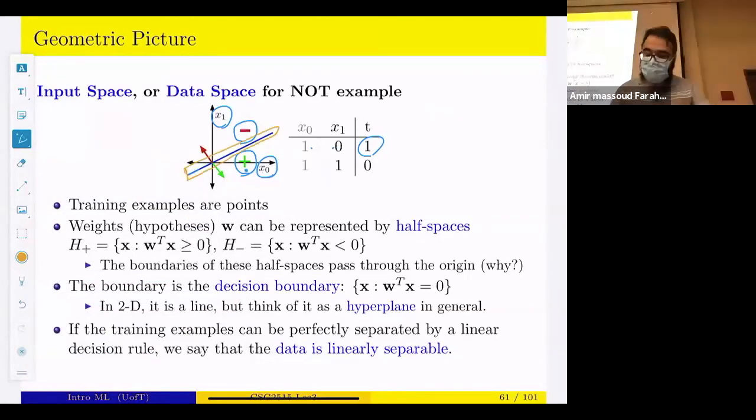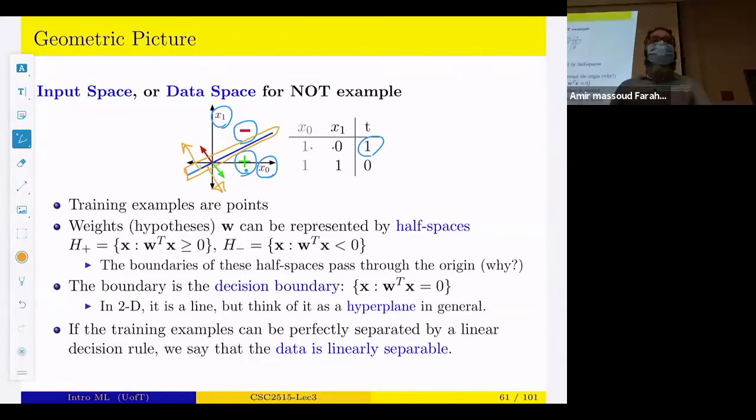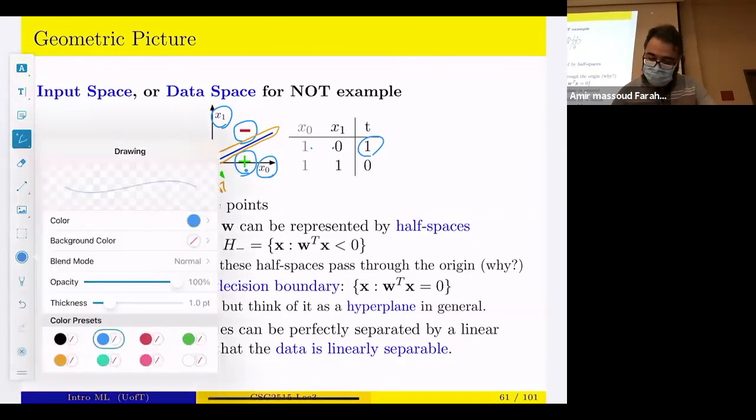So this line, one side of it, things are positive, and on the other side, the values are negative. To make it a bit more clear, here we assume that we have a linear model.